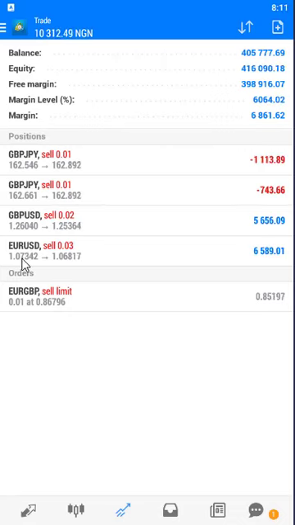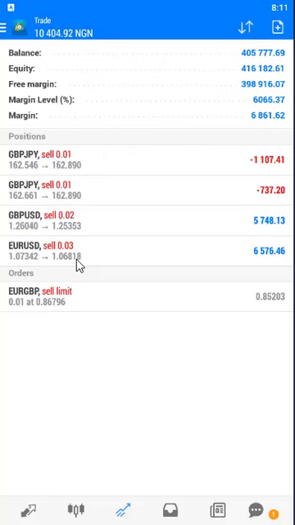So this is the entry price. So that means I sold at 1.07342, and the market is now trading at, okay, this is the market price, 1.06818. You can see.